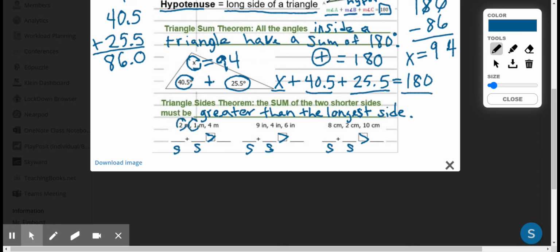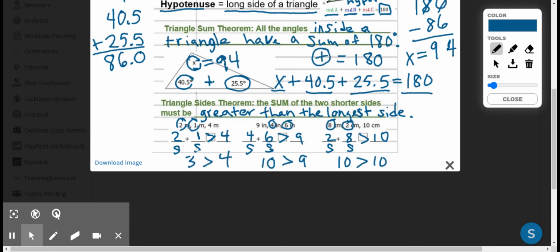So 2, 1, and 4: if you have side lengths of 2 and 1, 2 plus 1 is 3. 3 is not greater than 4, so this would not be a triangle. 2 and 1 are too short. You cannot make a triangle with 4.